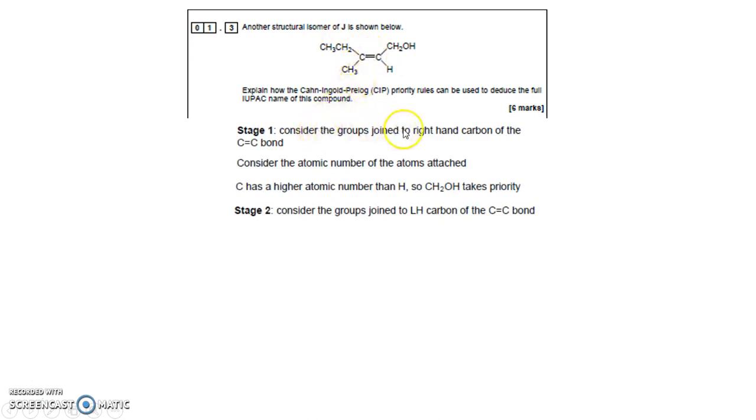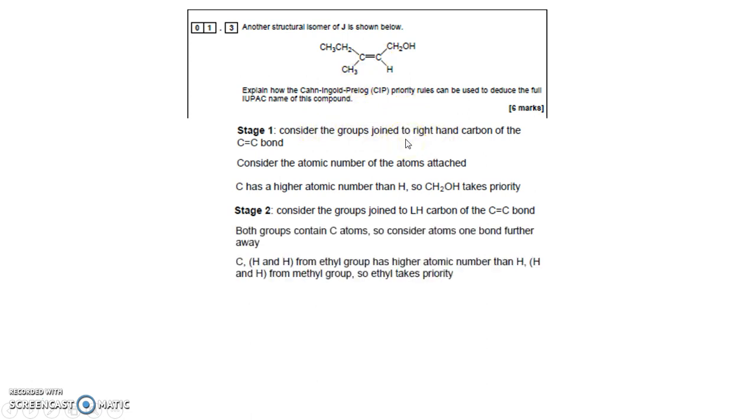So now consider the groups joined to the left hand side of the carbon-carbon bond. Both groups contain carbon atoms, so go 1 bond further, and this carbon here is joined to another carbon, so the ethyl group takes priority over the methyl group.